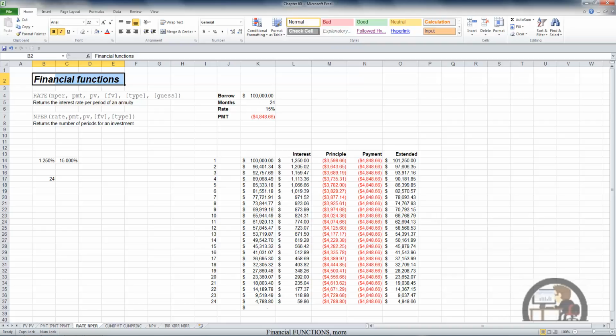The XIRR calculates the rate of return for a non-regular series of cash flows, and the MIRR, the modified internal rate of return, calculates the rate of return for a series of cash flows taking into account 1, the financing rate for the funds used in the investment, and 2, the reinvestment rate for the cash flows generated from the investment.